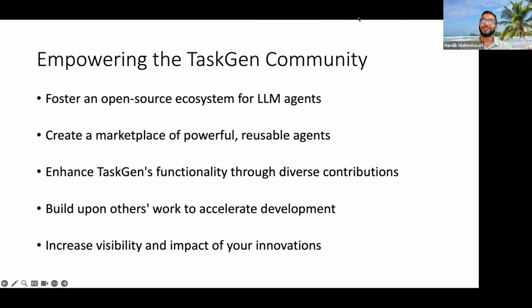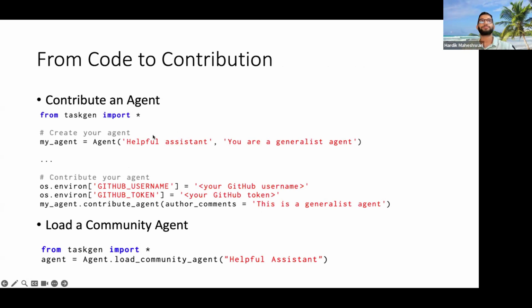In short, when you use the TaskGen framework to build out powerful agents to solve your work, we want you not to just solve your problem, but also for it to become a part of a larger solution, and we all make progress as we go. Having said that, I want to walk through how you can actually do that. So John, can we go to the next slide?